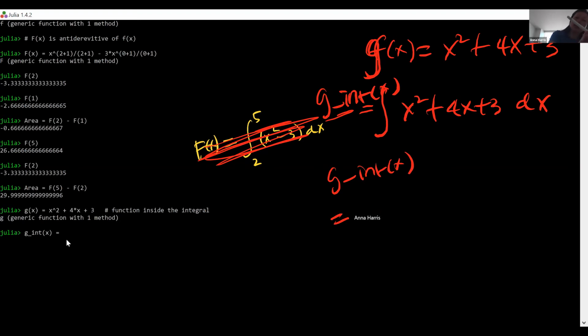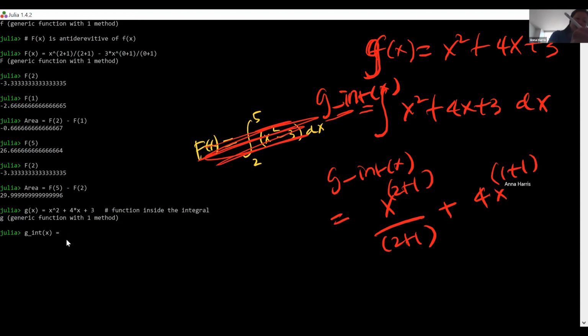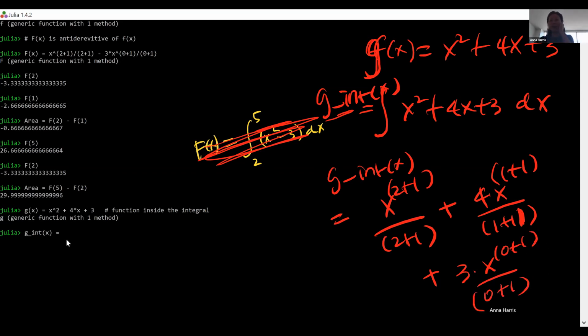All right, so what is g integral then? It'll be x to the 2 plus 1 divided by 2 plus 1, plus 4 times x to the 1 plus 1 divided by 1 plus 1, and plus 3 times x to the 0 plus 1 divided by 0 plus 1. That's what you have. So that's what I'm going to write down.